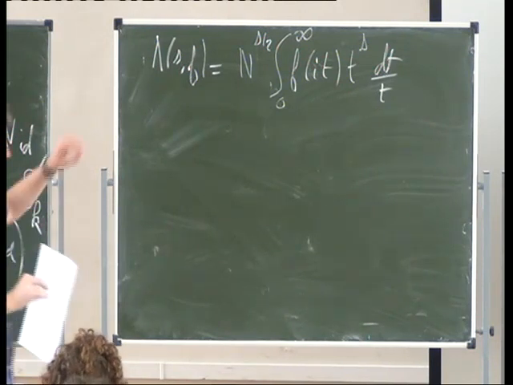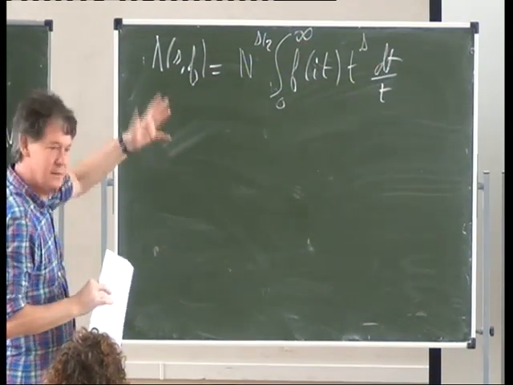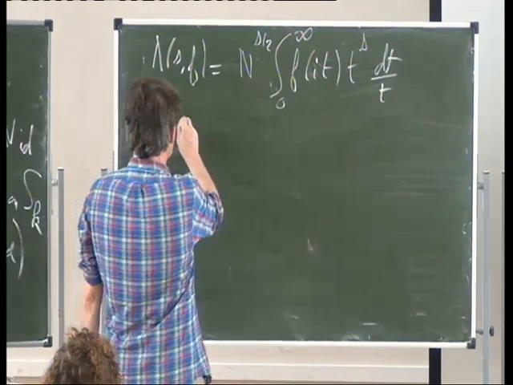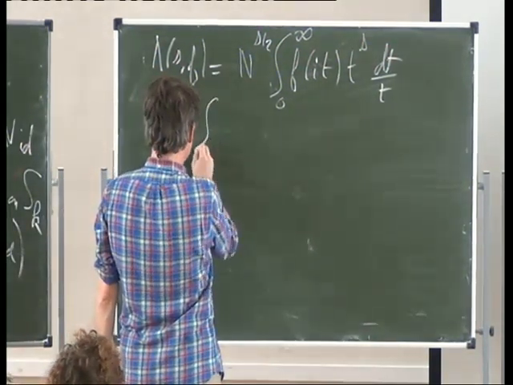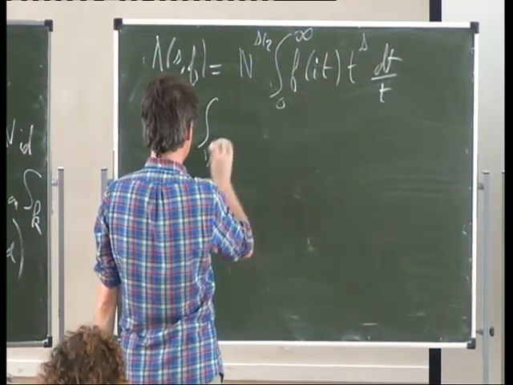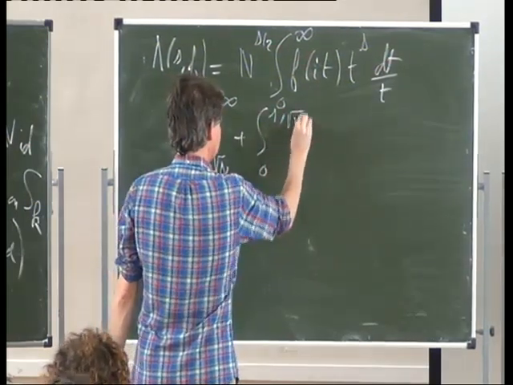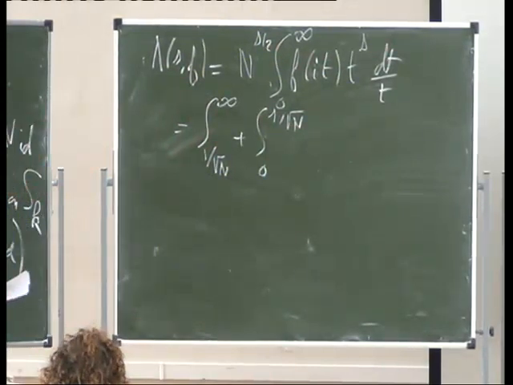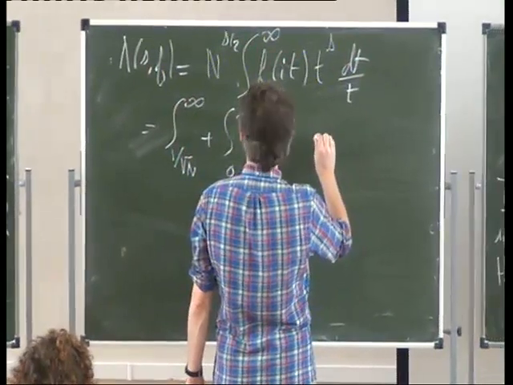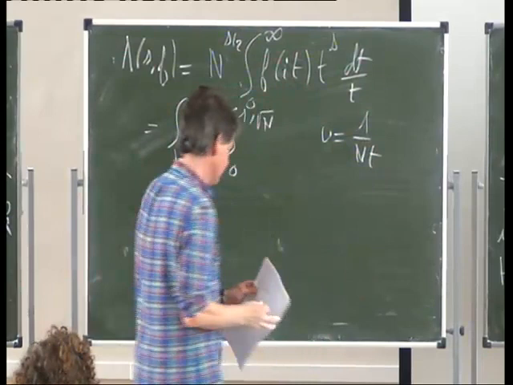So instead of having coefficients 1, you get coefficients a_n, and the series are convergent. And now you split the integral from 0 to 1 over square root of n, and the change of variable that you do now is you will write u equals 1 over nt.